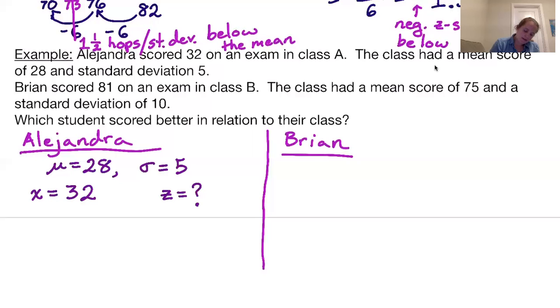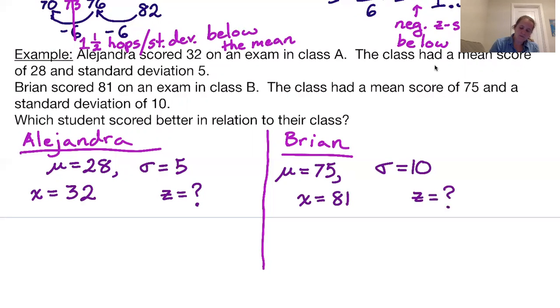Brian, on the other hand, the mean for his class was 75 with a standard deviation of 10. His data value was 81. And again, we want to know the z-score. This way we standardize these and we can compare two data values from two completely different data sets with different means, different standard deviations, but we can still compare how they are in relation to their class.